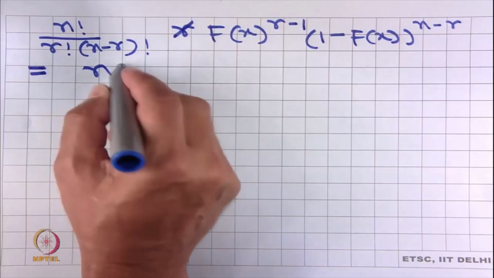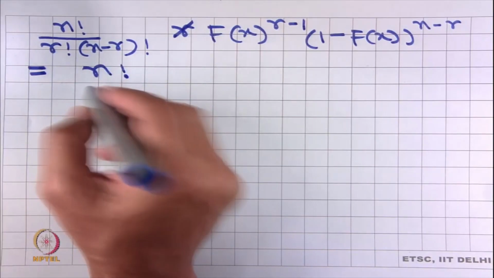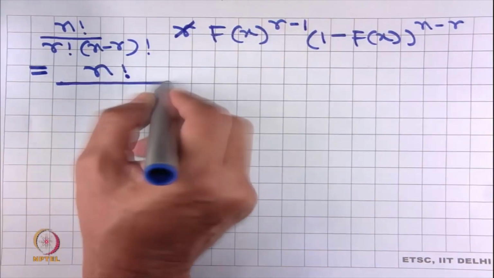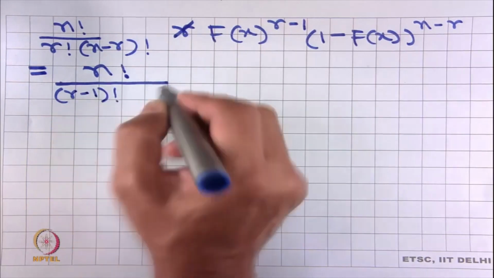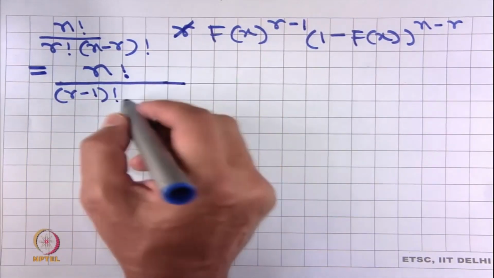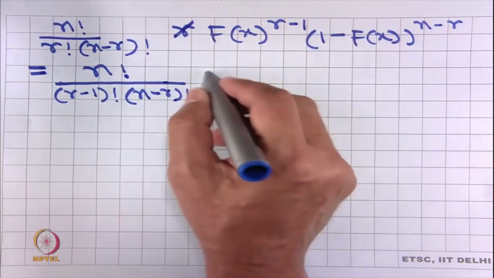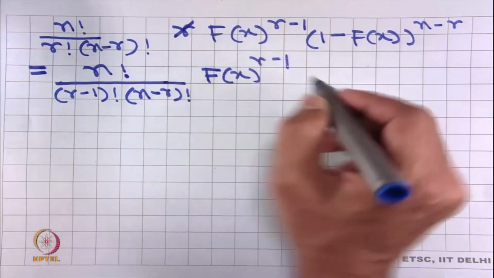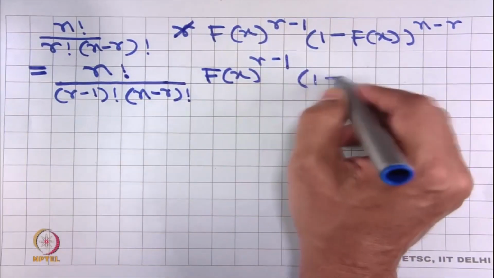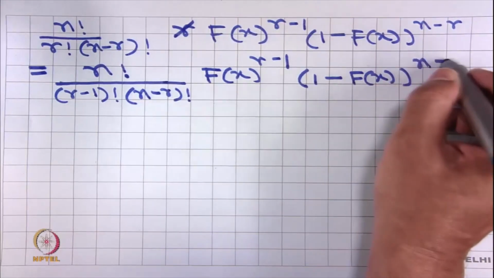So, what we are getting is n factorial upon r minus 1 factorial into n minus r factorial, f(x) to the power r minus 1 into (1 minus f(x)) whole to the power n minus r.